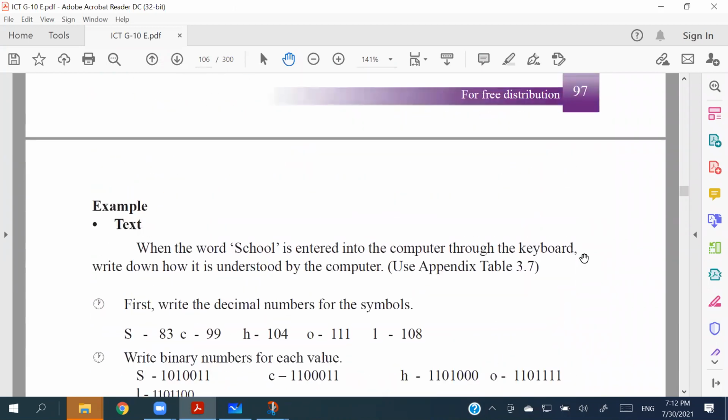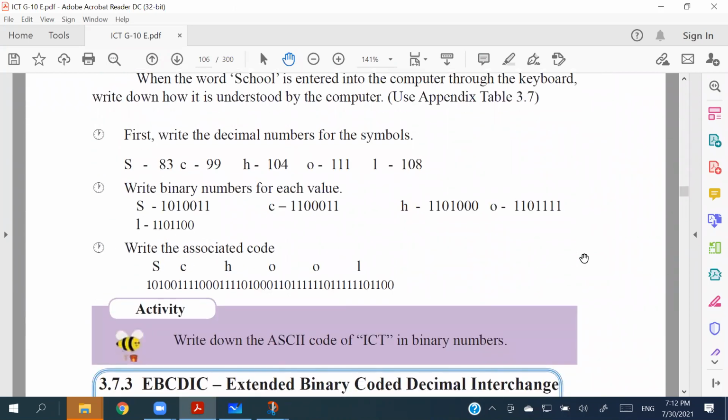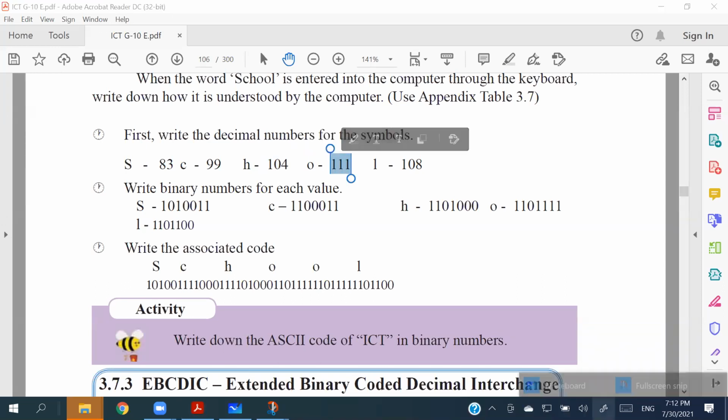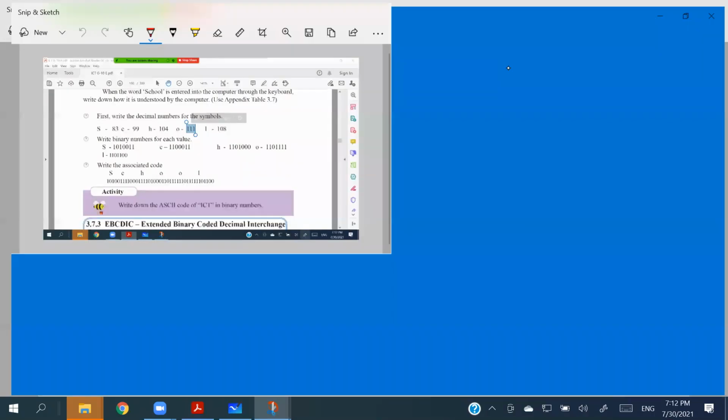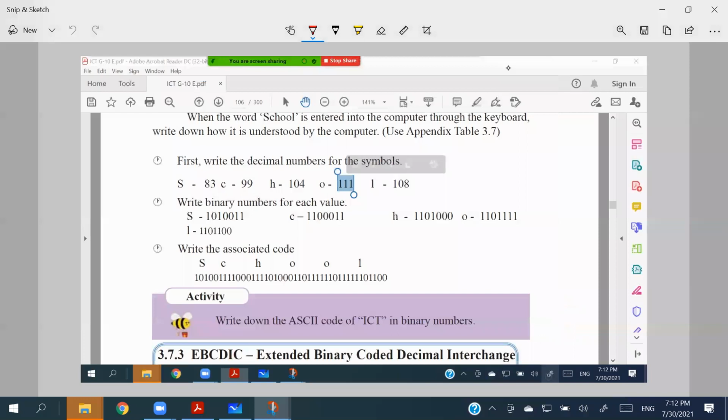Right? So in the example, they have taken C as 99, H as 104 and O as 111. So we can see the relation. If C is 99, then how does the alphabet go?